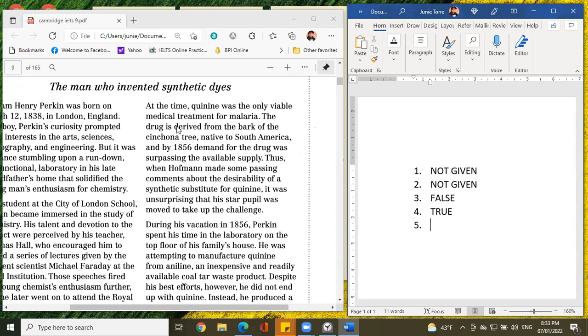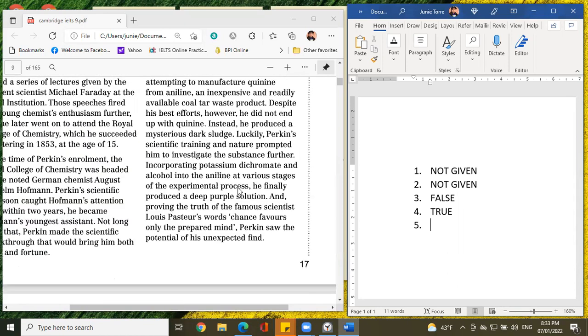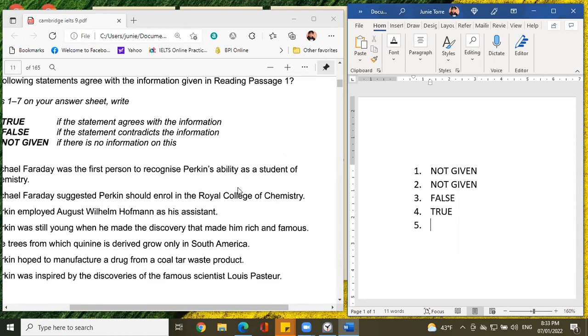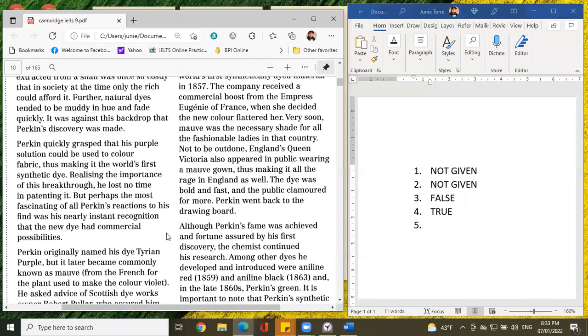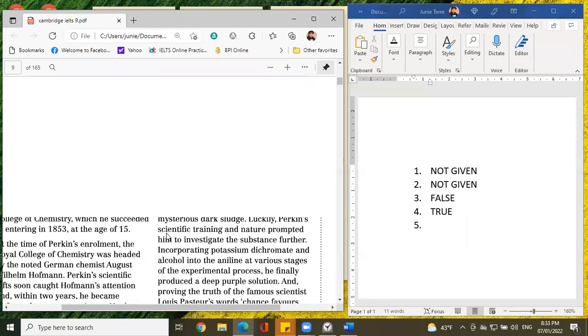What is quinine used for? It's a drug used for malaria. The trees from which quinine is derived grow only in South America. "Only," guys. Only.